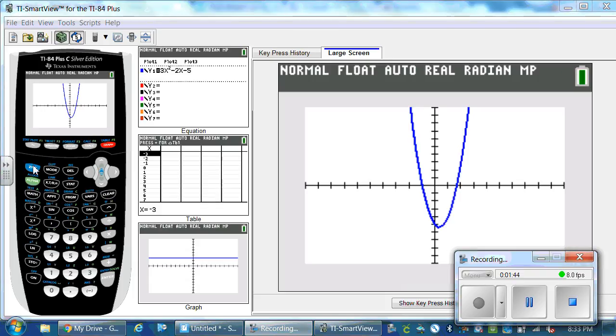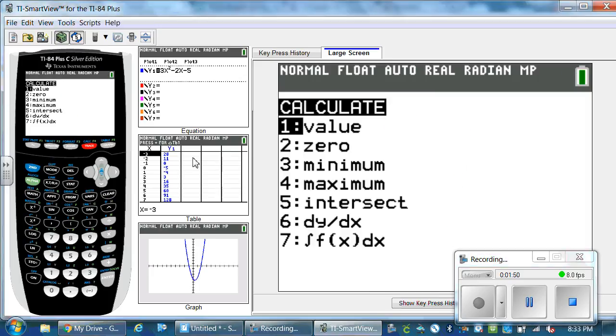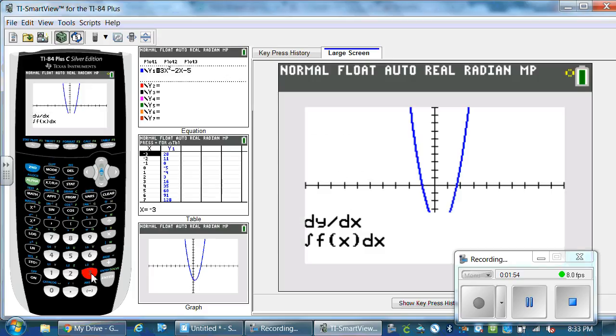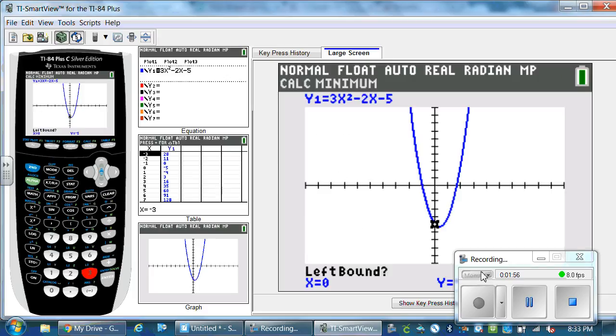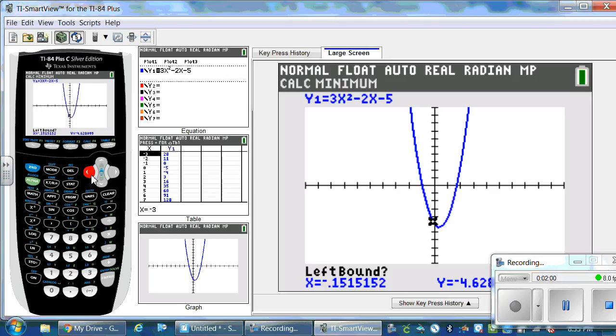Here's how we do this using a graphing utility. I push second, trace, just like I did when I was finding the zeros the other day, but now I'm going to pick number 3, the minimum. First thing it asks for is a left bound. So you're doing this like you did the zeros. I need to move over to the left of this low point and push enter, and it draws a vertical line.